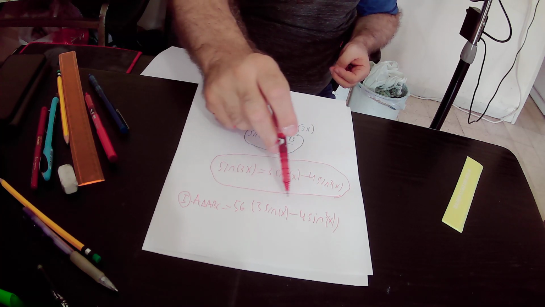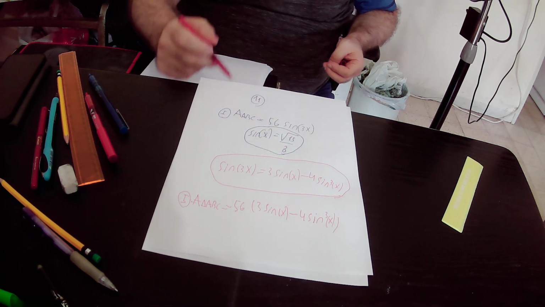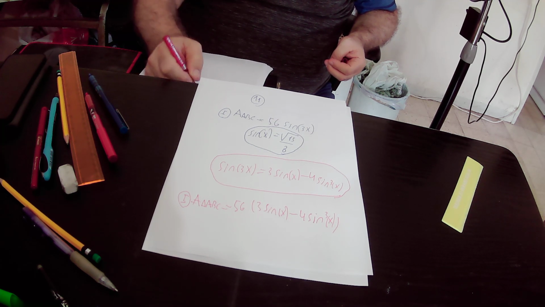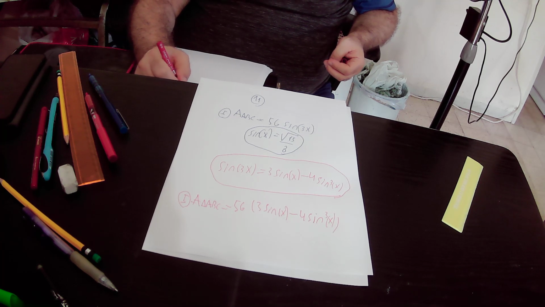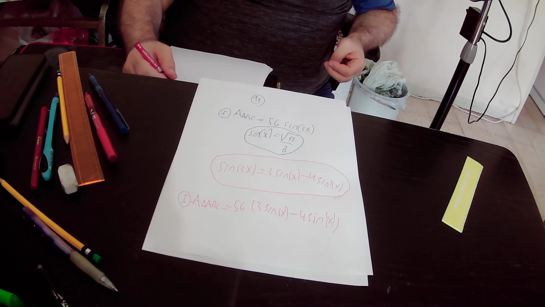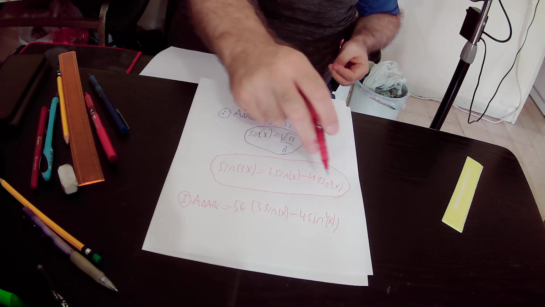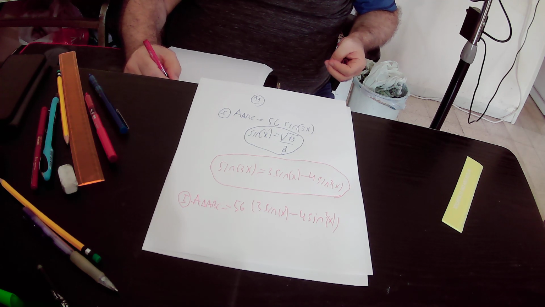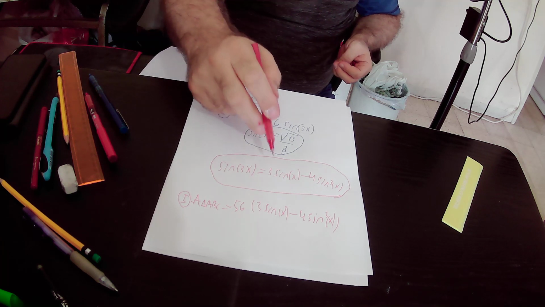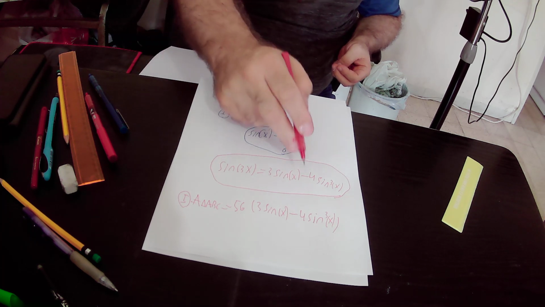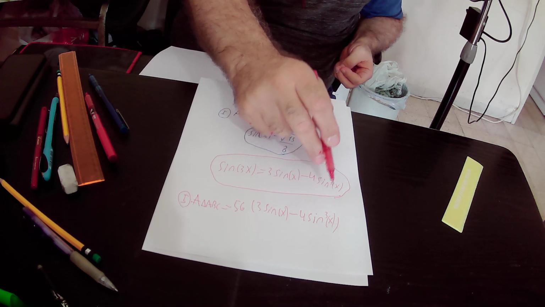So the area of triangle ABC equals 56, and we will take out sine x as a common factor, sine x, and inside the brackets what is left is 3 minus 4 sine square x.